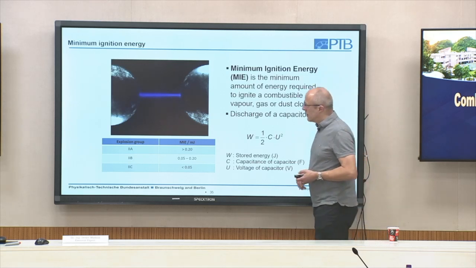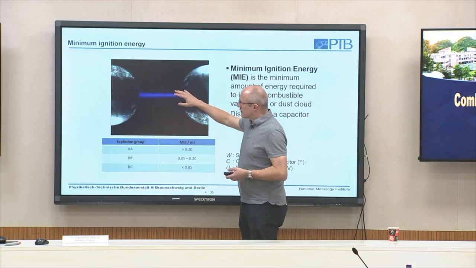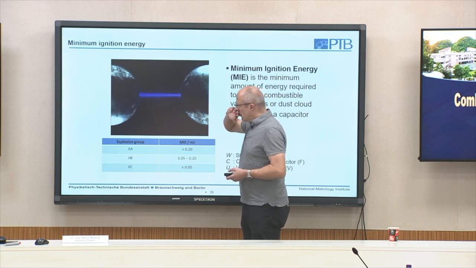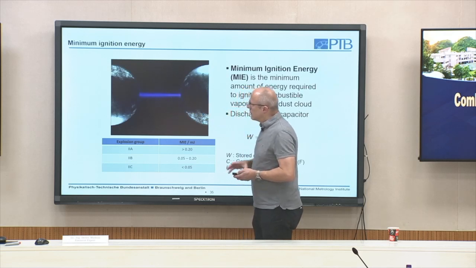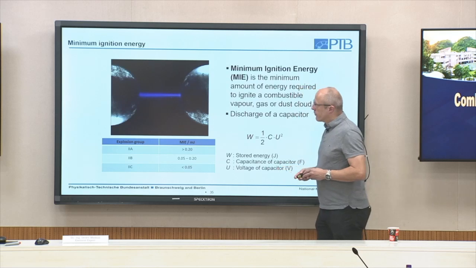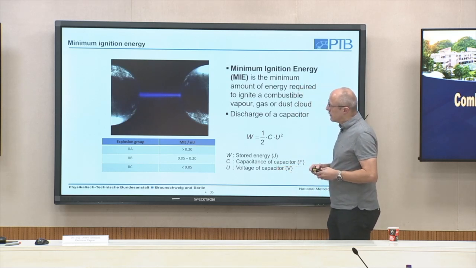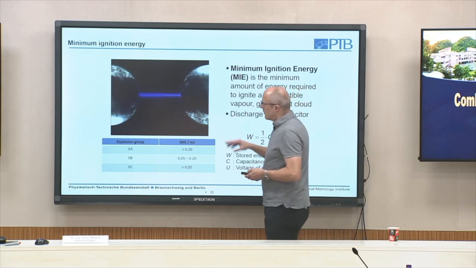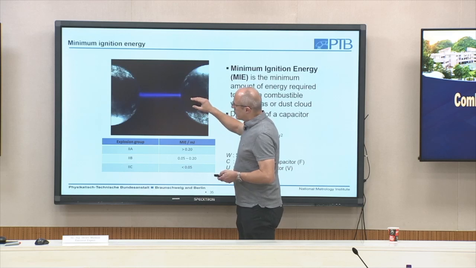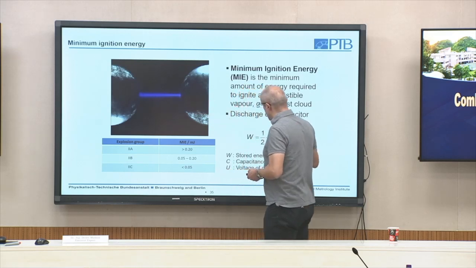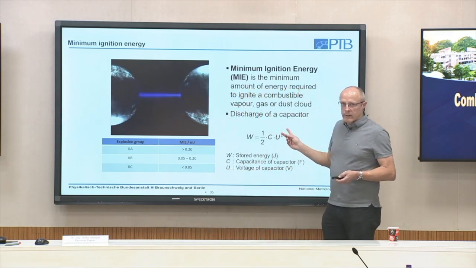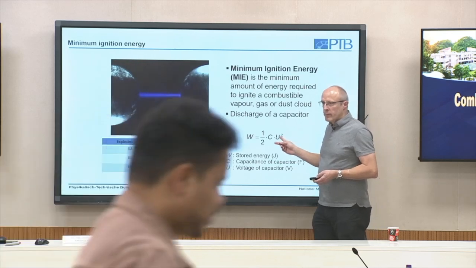What we have to consider is, if we have a combustible in air, the ignition depends not only on this energy. We will discuss it later in this lecture in more detail.